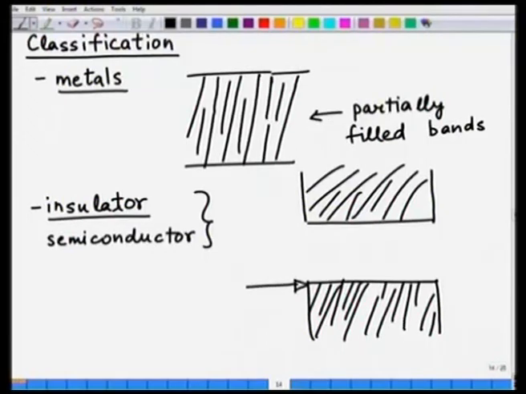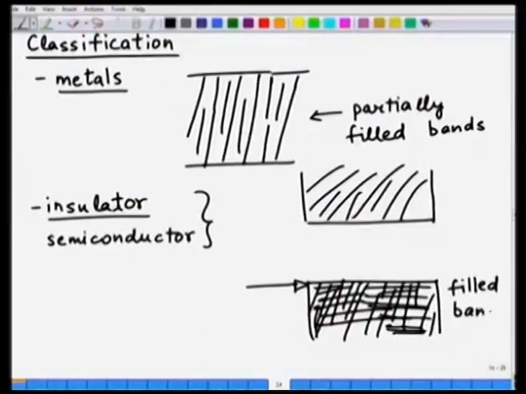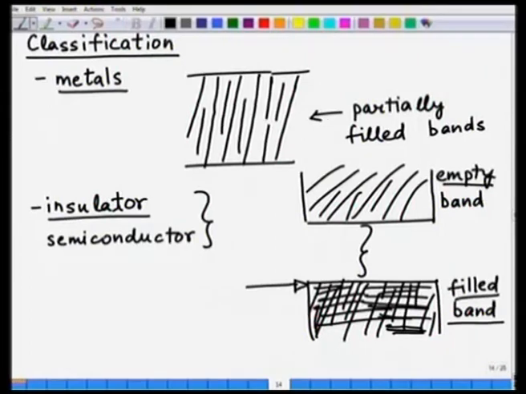That means one of the bands is completely filled, at least at 0 K: a completely filled band here, a band gap with non-allowed energies, and an empty band. Such a material is always an insulator.